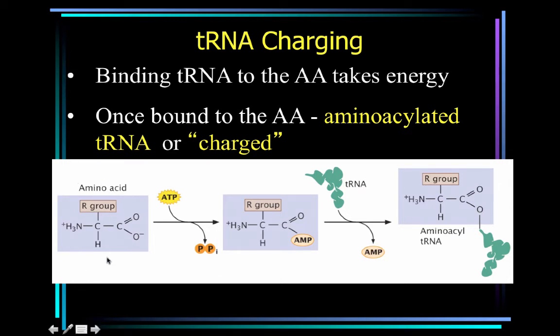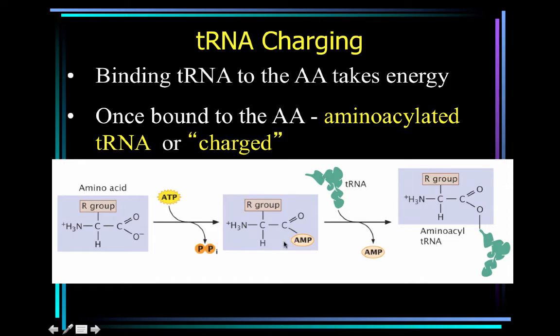So as we can see on this figure down here, working from left to right, we've got our amino group, so our 4 major components, and our radical R group. That is going to be joined to the transfer RNA over here. But before we get to that point, adenine triphosphate, or ATP, is going to be converted into 2 phosphate groups that are going to come off of that triphosphate structure.